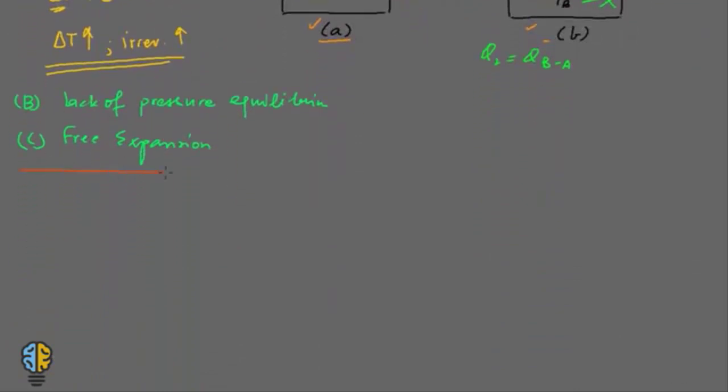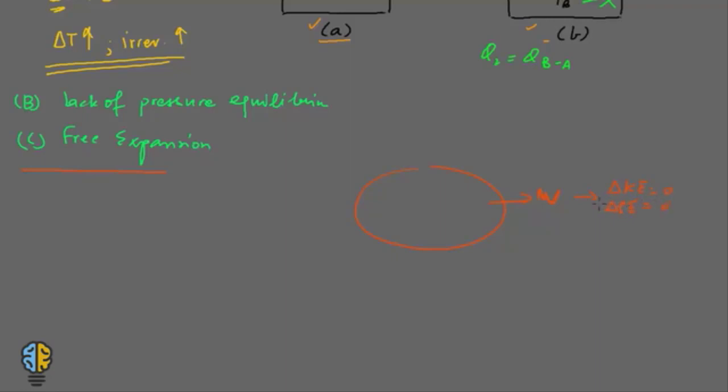In dissipative effects, the work is done without producing an equivalent increase in the kinetic or potential energy of the system. So if this is the system, you do some work, and there is no change in the kinetic energy and the potential energy of the system. 0 and 0.